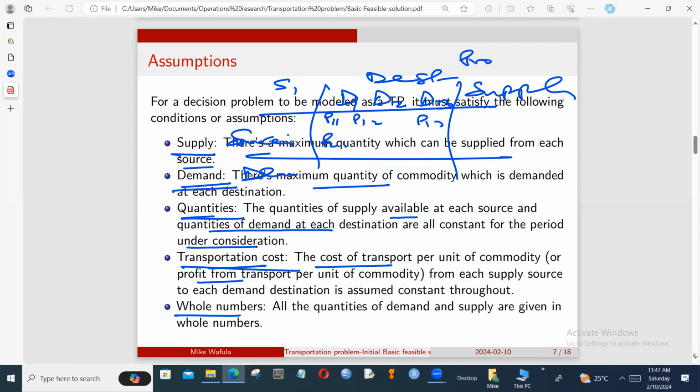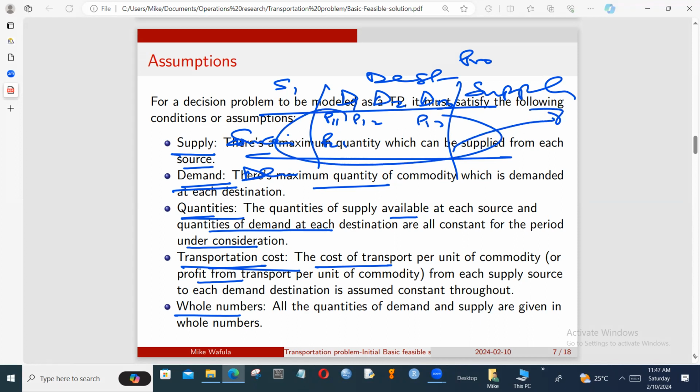That is a scenario where the transportation problem becomes a maximization, where you want to maximize the profit you get. But again, that's a rare scenario, and should it occur, we always try to change that profit matrix into a cost matrix.